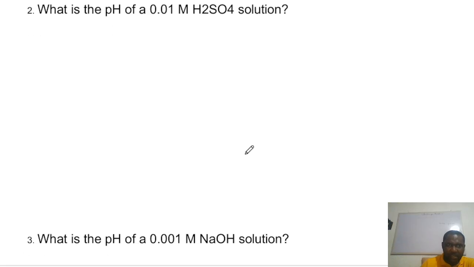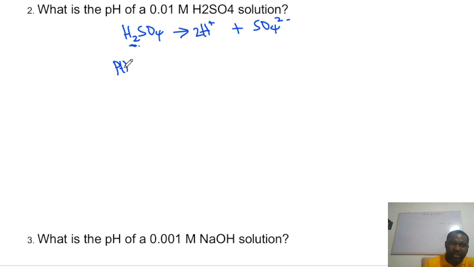Okay, we'll move to the next question. It says, what is the pH of a 0.01 molar H2SO4 solution? This one looks like the previous one, except that H2SO4 has 2 ionizable hydrogen. When it dissociates, you are going to get 2H plus plus SO4 2 minus.